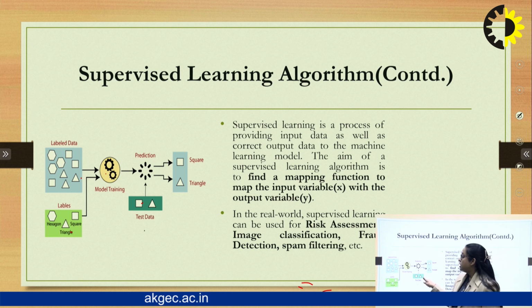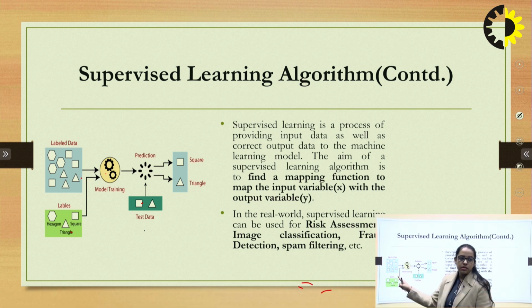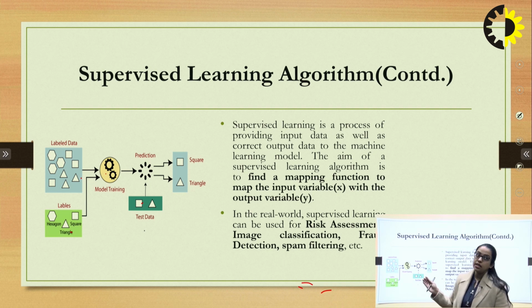Then the second object of the test data, the triangle, will be mapped from the prior experiences that the machine has received, and it is predicted that this particular shape is a triangle. In the same way, the machine is successfully able to identify that these two test data are a square and a triangle respectively.